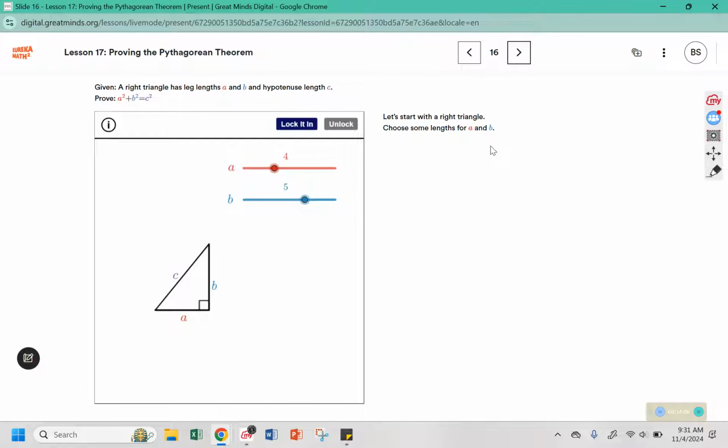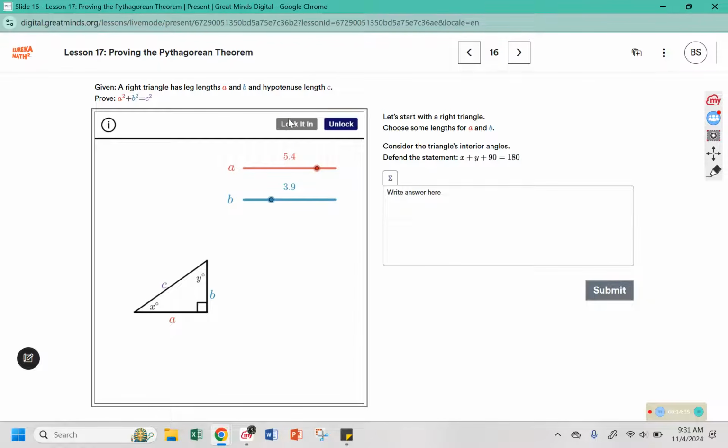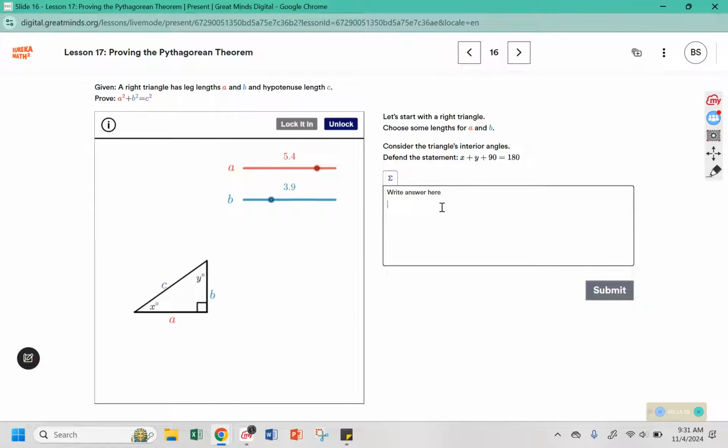It says, let's start with a right triangle, choose some lengths for A and B. Let's use some decimals this time. Defend the statement again. It's a right triangle, so there's a 90-degree angle. If we add up the two angles, X and Y, the sum of the three angles in a triangle always adds up to 180 degrees.